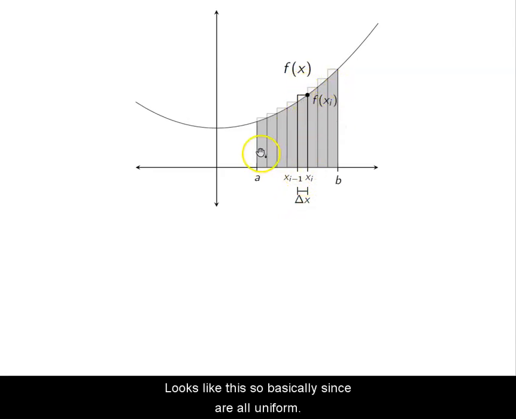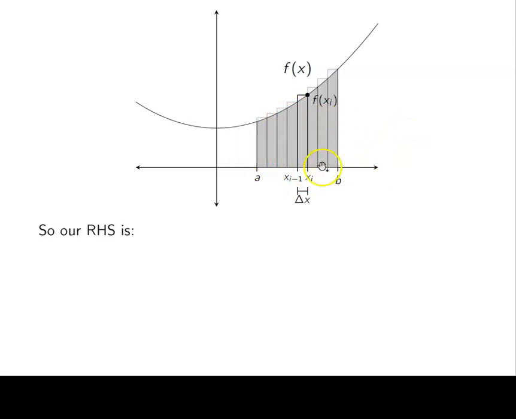And so basically, since they're all uniform, except for their heights, I have a generic formula I can use to add these up, right? Because I want to find the area of this rectangle and this rectangle and this one and this one, and add them all together, right? So our right-hand sum has the given form.